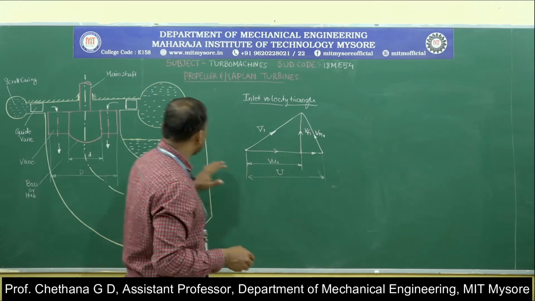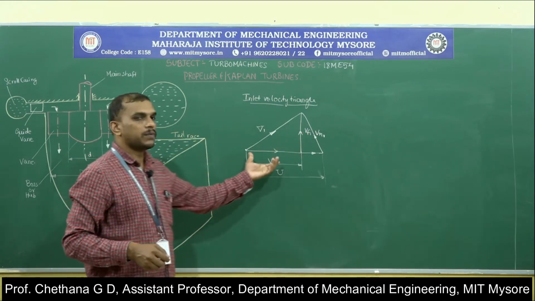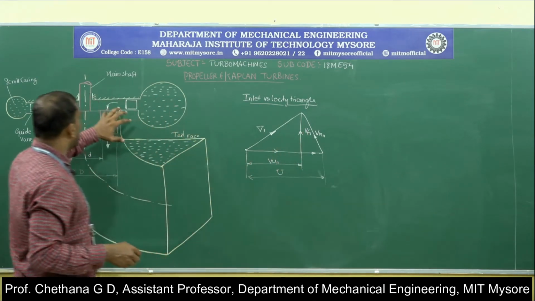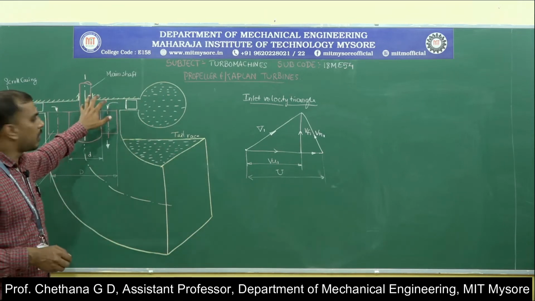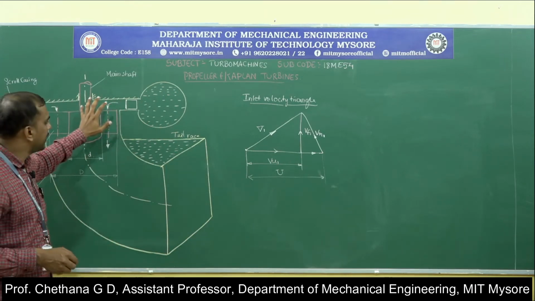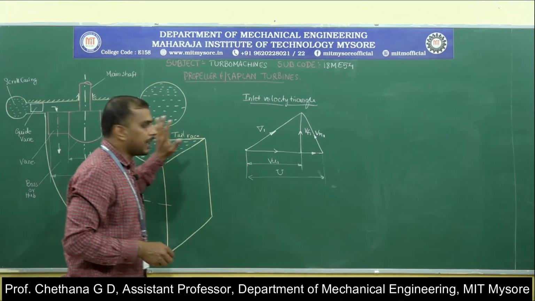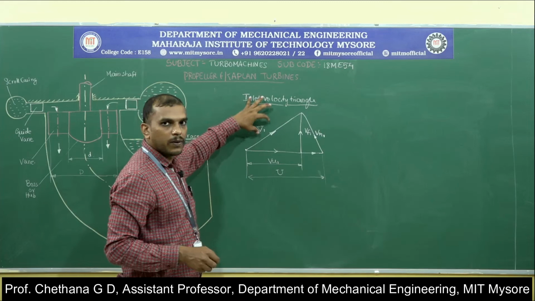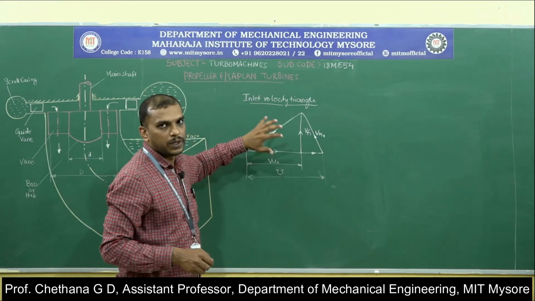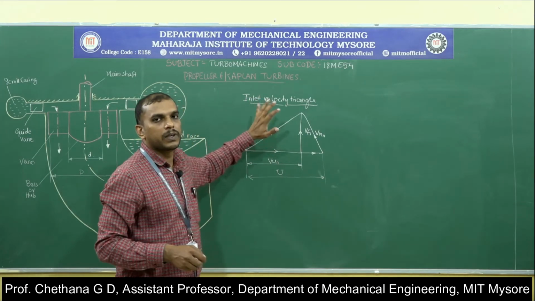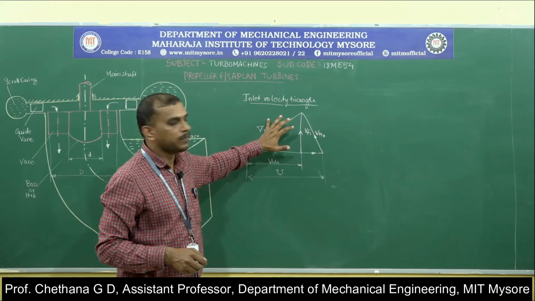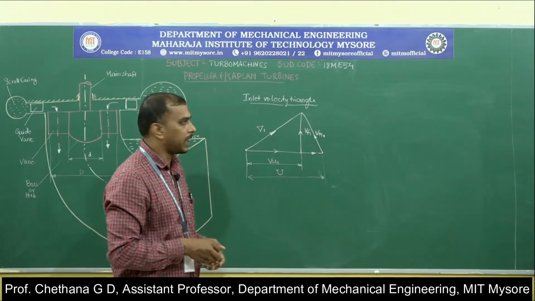However, there is a whirl velocity, that Vu1 which we talked about, as the water enters the turbine, and there is a blade angle. So in order to take that, we have the component of V1 as Vu1. So V1 will not be equal to Vf1 in the inlet velocity triangle.